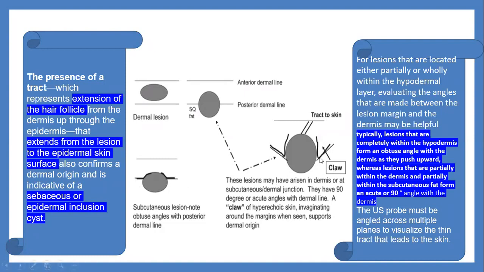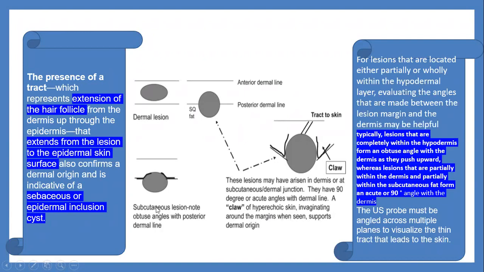You see, this is a claw. The dermal tissue is coming and wrapping around the lesion, giving a 90-degree or acute angle with the dermal line. A claw of hyperechoic skin invaginating around the margins supports the dermal origin.